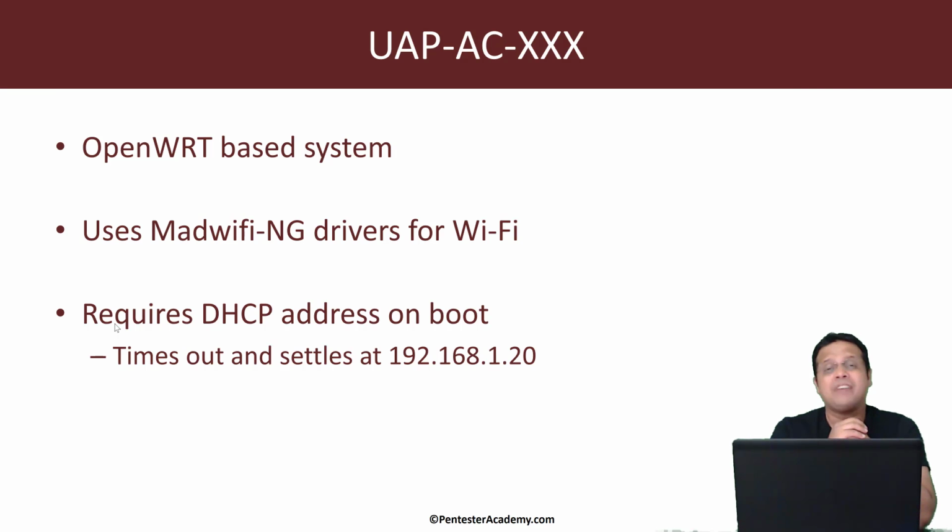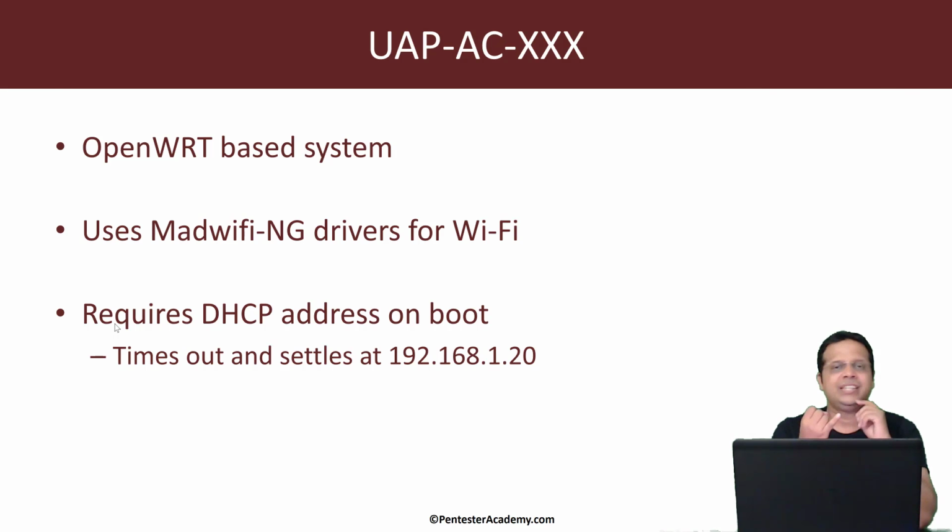The Wi-Fi drivers in there are the MadWifi NG drivers. And when you want to SSH into it, what really happens is that when you connect it to the laptop's Ethernet, the DHCP request on the AP times out. So the AP tries to get a DHCP based IP address. When that times out, it automatically sets itself up on a static IP address, which is 192.168.1.20 for every single Ubiquiti AP.